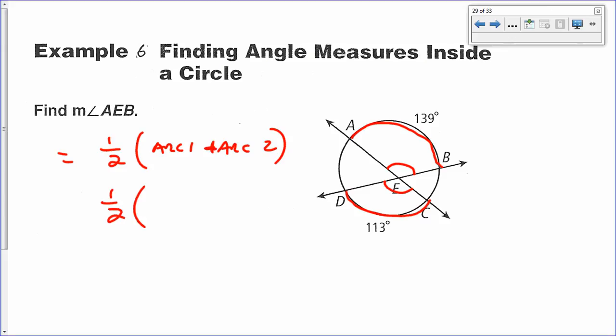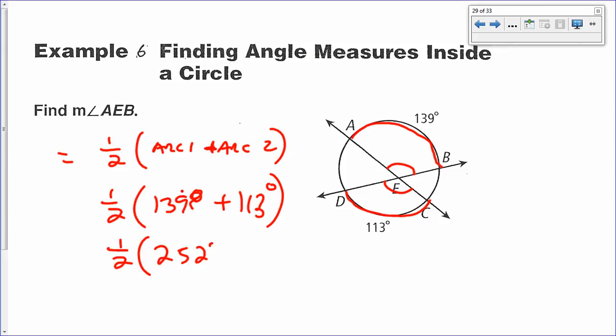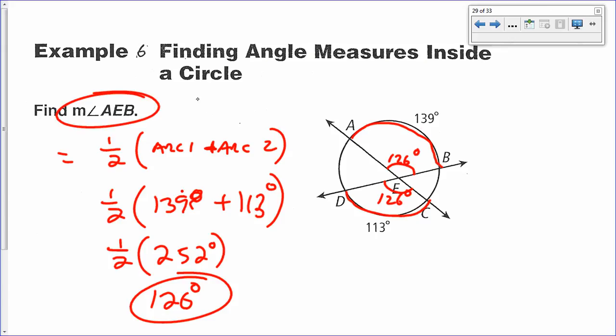So it's going to be 1/2 of 139 degrees plus 113 degrees. So it's 1/2 of 252, and that's going to give us 126. So both of these angles are 126, which is what we wanted to find. We wanted angle AEB, so 126.